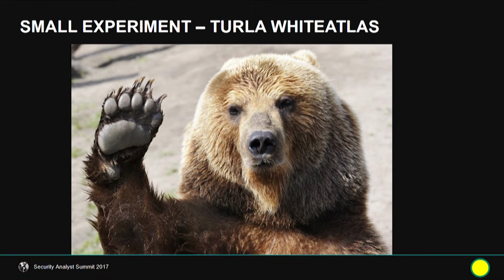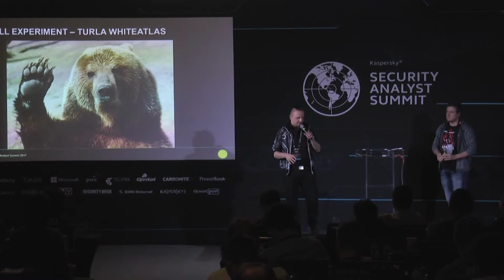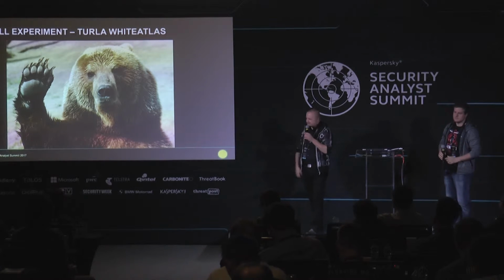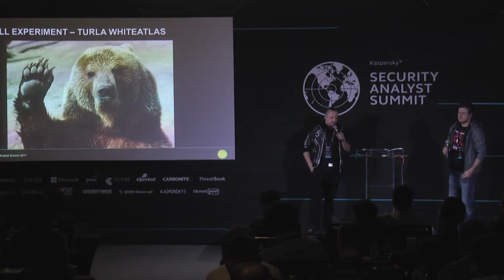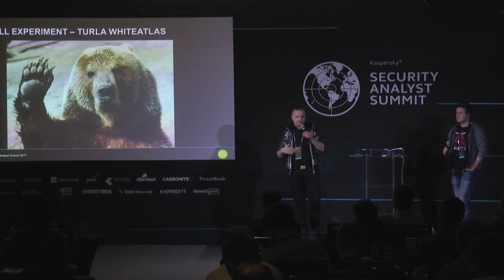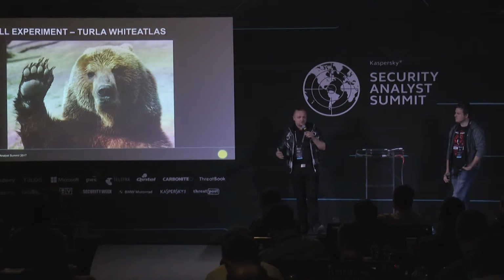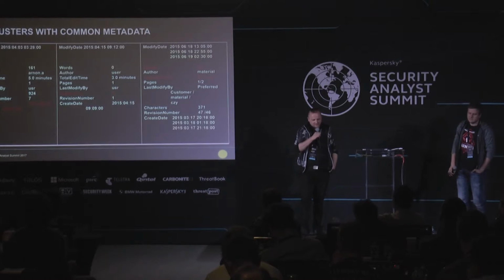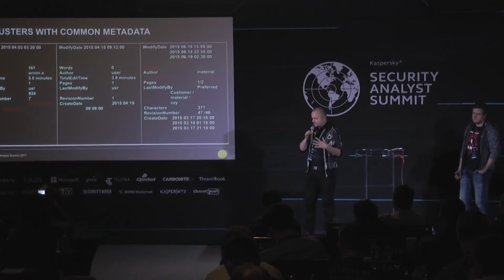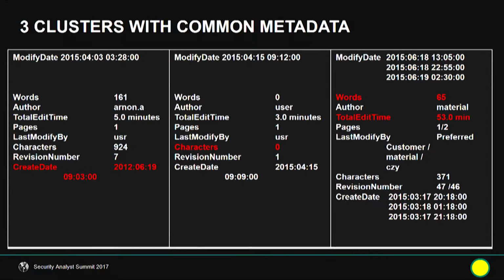So the idea was to create an experiment. A small experiment. We decided to take Turla White Atlas as a ground for this experiment in order to get some real data to work on and see how this approach goes. We collected a lot of documents and metadata, and finally found 3 different clusters for these documents.